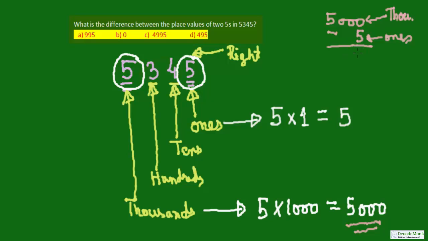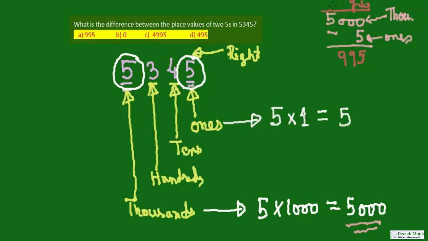So 5000 minus 5 will be equal to, I hope you know how to carry out subtraction. 0 minus 5 is not possible, so we are going to carry 1 over here. So 10 minus 5 is 5. So here remains 9. So 9 minus nothing, or 9 minus 0, is 9.